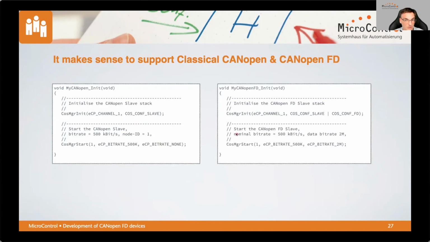And if we do much the same for an FD stack, we configure you as a CANopen slave with FD capability and supply a second value for the data bitrate. Why? Because if you provide devices to customers, they are in a situation where they would like to play a little with CANopen FD, but still use the devices in their existing classical CANopen networks.